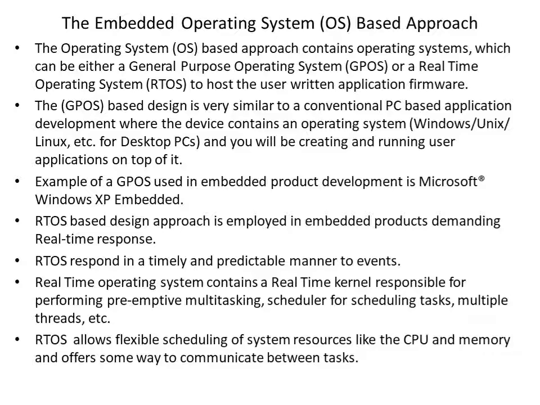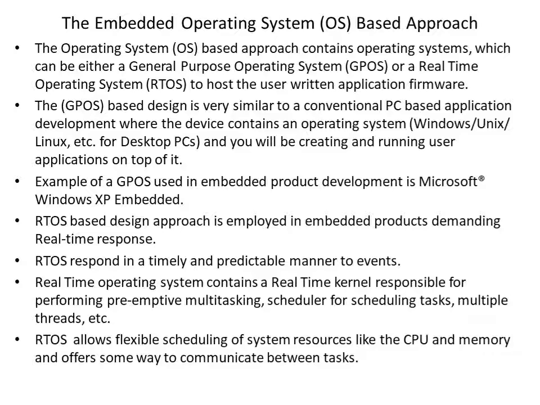Coming to the general purpose operating system. Here the design is very similar to conventional PC based application development, that is, the way you write your program for your PCs. And there you have the operating system in your PC. The operating system can be Windows, Unix, Linux, anything that you use for your desktop PCs.